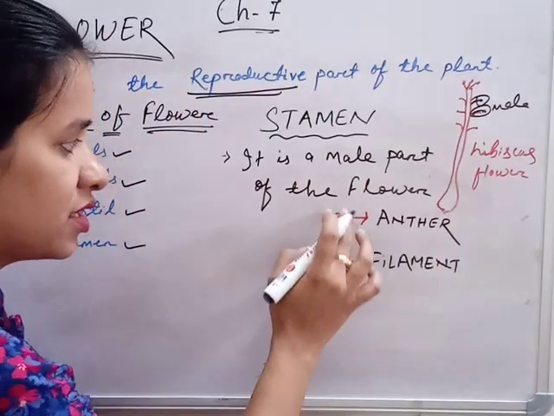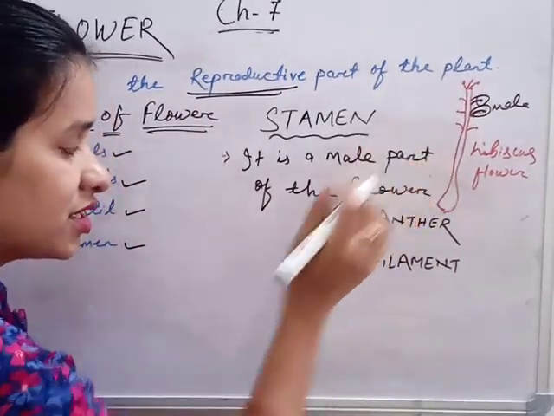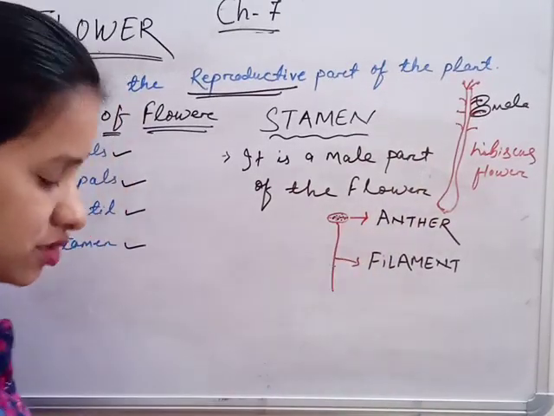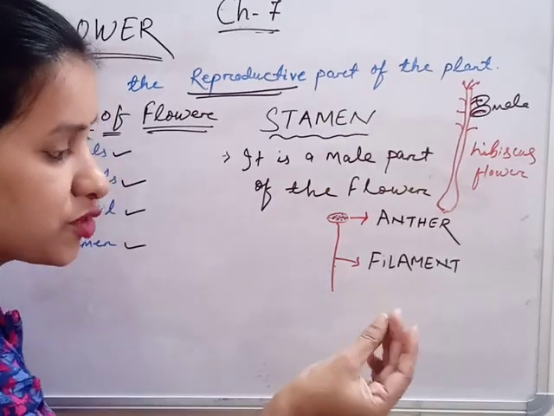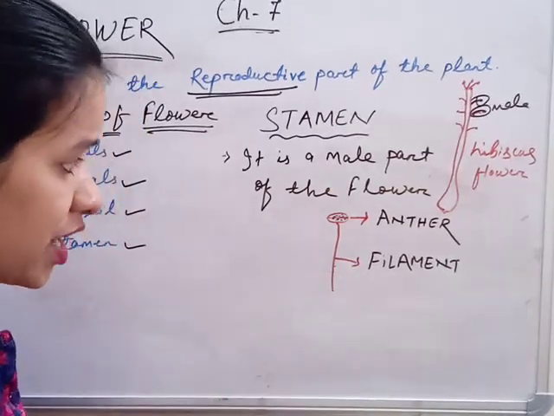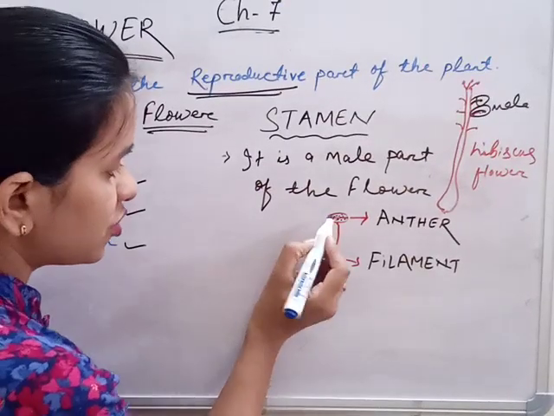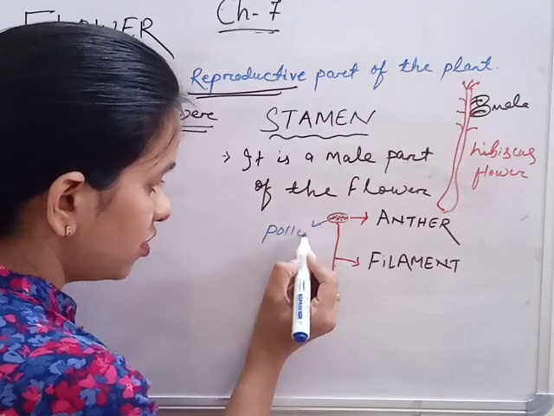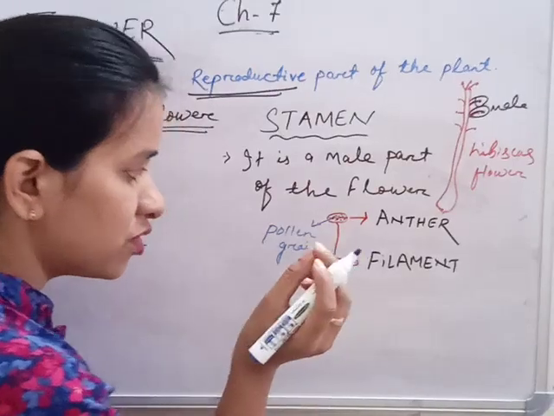In the anther, if you touch it, you get a small dust-like substance. In the hibiscus flower, if you touch this anther, you get a yellow dust in your hand. This dust-like structure is called pollen, or pollen grain.